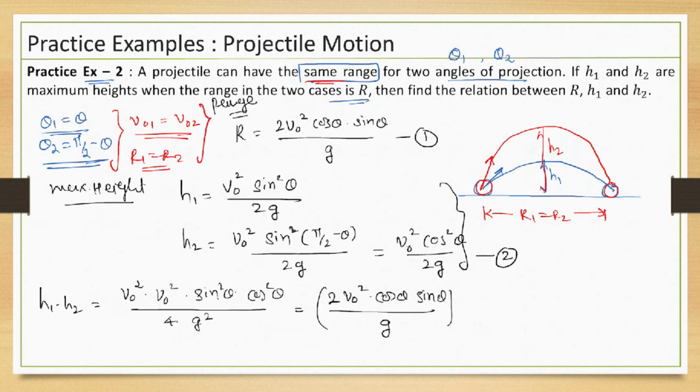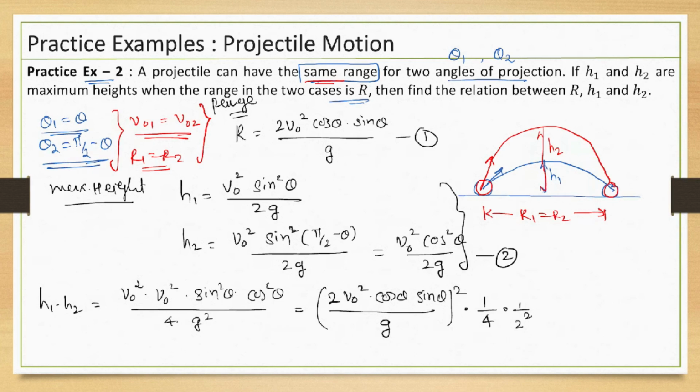You take a square because we have v naught square two times. So v naught square sin square theta, here also sin square theta, cos square theta, g square. So what remains? Here is 4 in the denominator, but here remaining is 2 square. 2 square is multiplied in the numerator, so in the denominator we again multiply by 2 square.